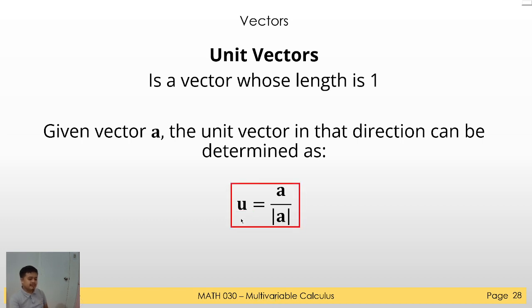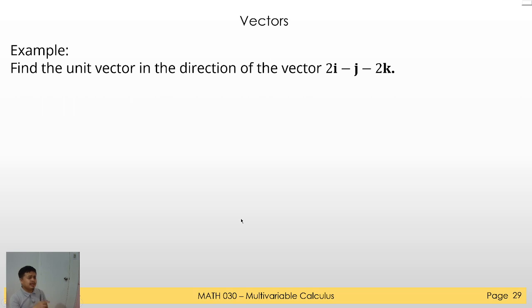Okay, I think we have an example here. Let's say we have a given vector, let's call this the A vector. The A vector is equal to 2i hat minus j hat minus 2k hat. Don't worry about the notations, guys.